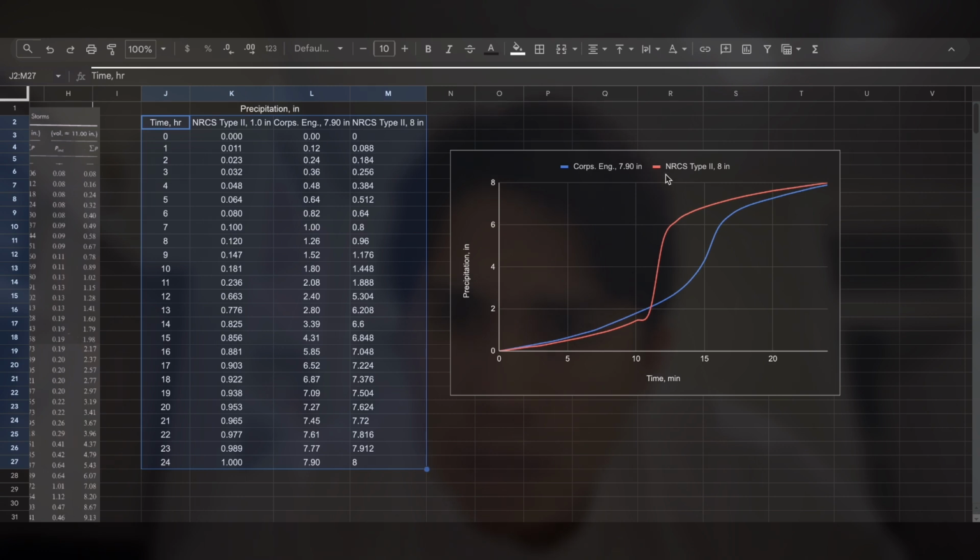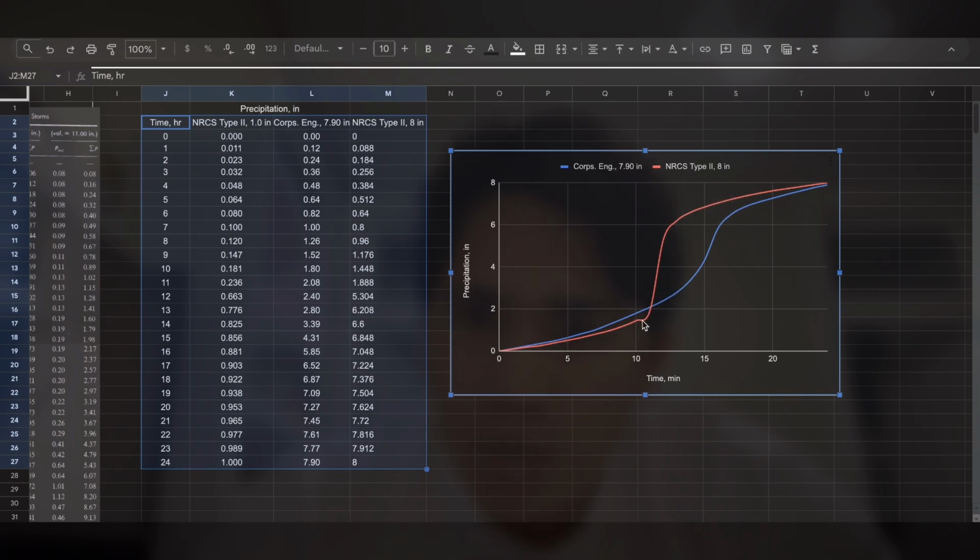So what it means is that, let's say, for the NRCS type 2, for an 8-inch total precipitation, at 5 hours, we got about 0.512 inches. So this is over time, this is how the storm precipitation performed.